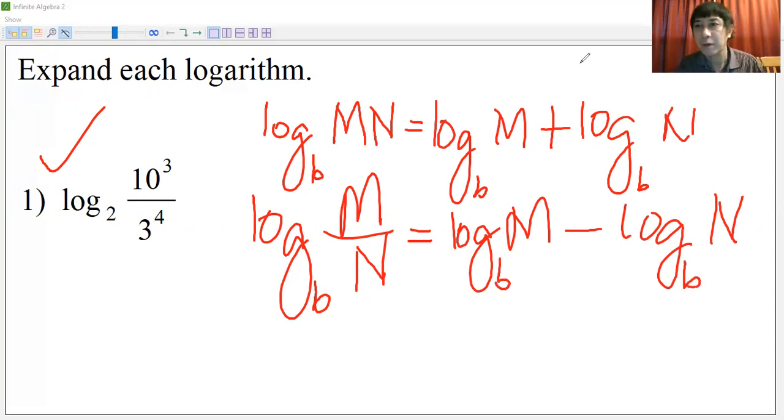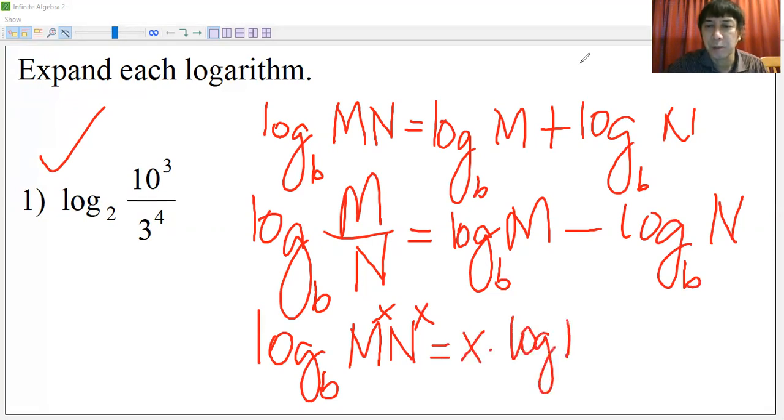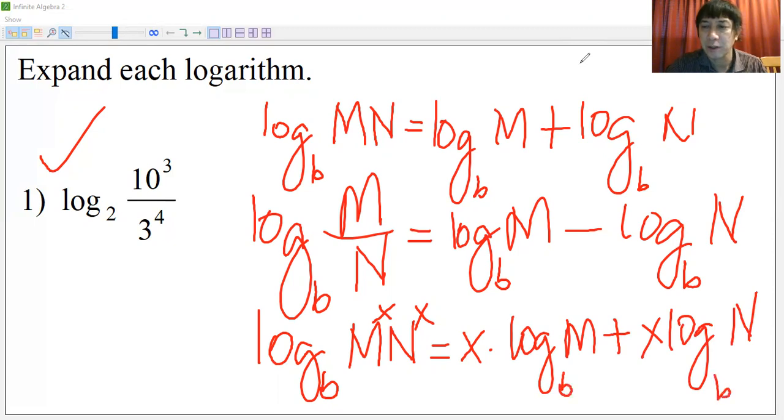Now, if you have an expression with an exponent, so for example, logarithm of mn raised to x, base b, then you can express this as x logarithm of m plus x logarithm of n for the same base b, like that.